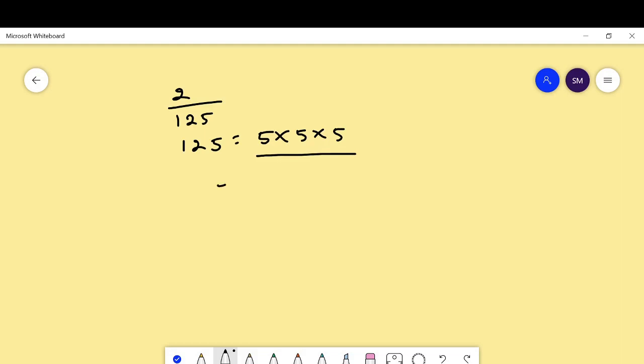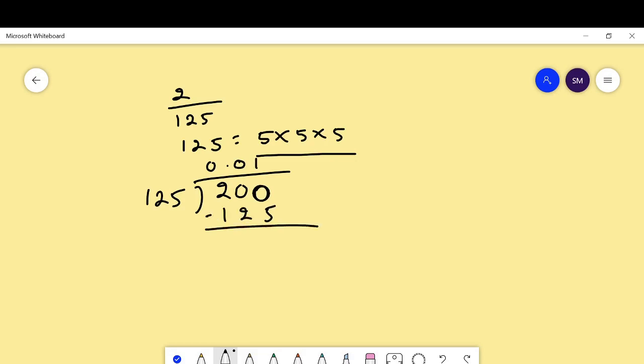Look at here. 125. Then put 0 here, put a decimal. Then here we cannot divide because 20 is less than 125. Here put another 0. Then put 0 here. Suppose 125, 1 ja 125. Then here 75, 0.